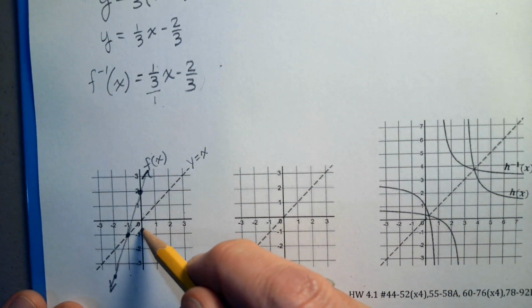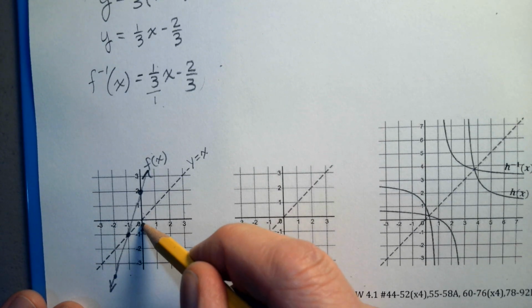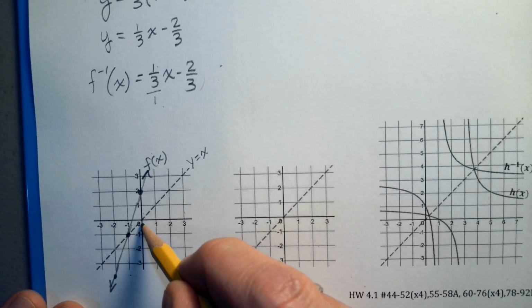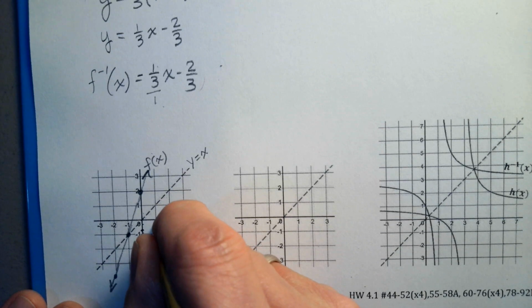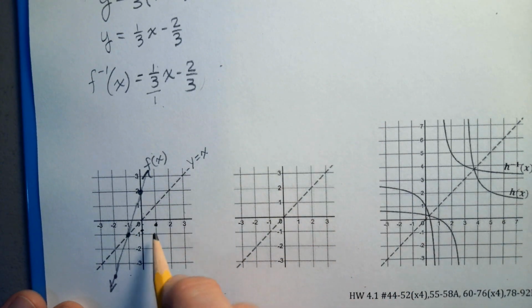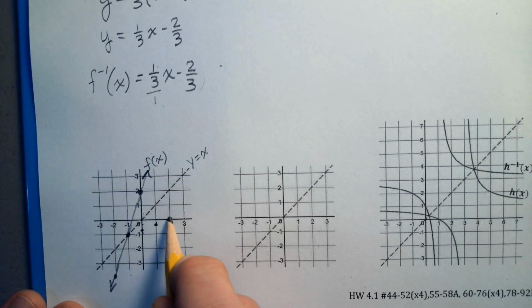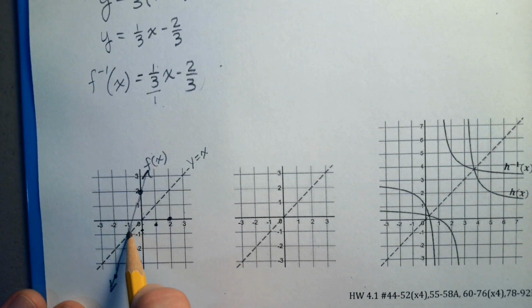So I'm going to go up 1/3. I'm now at negative 1/3, and I'm going to go over to the right 1. So I would be about right here. If I went up another 1/3, I'm now on the x-axis, go over 1, I would be here. So now I'm on a corner, and it's a little bit easier to see, oh, I go down 1 over 3, there's a point that's on our line, down 1 over 1, 2, 3, and so let's put it about there.